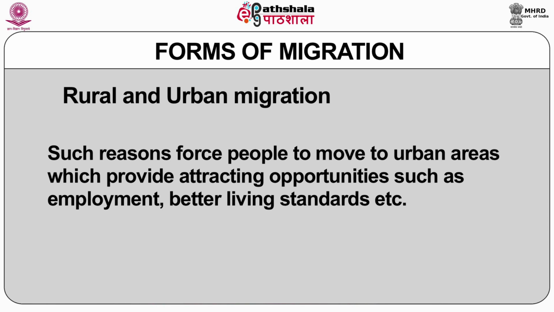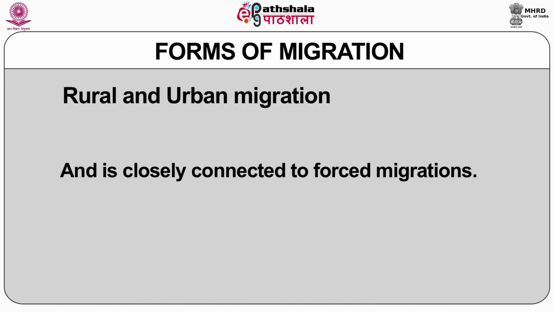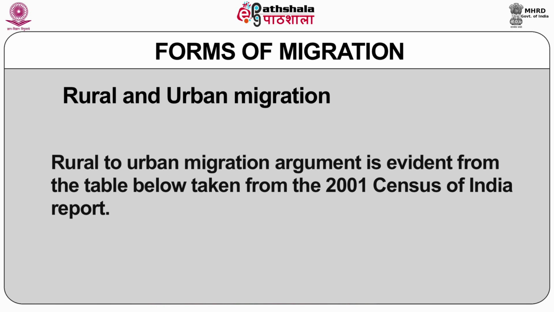Such reasons force people to move to urban areas, which provide attractive opportunities such as employment, better living standards, etc., and this is closely connected to forced migrations. Rural to urban migration is evident from the table below, taken from the 2001 Census of India report.